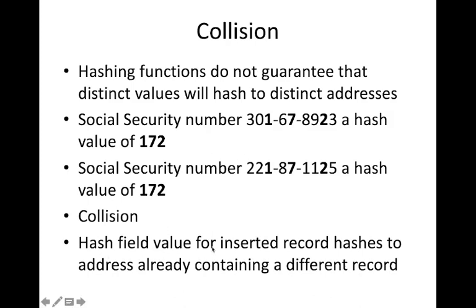So the problem is that the hash field value for an inserted record hashes to an address already containing a different record. We have already inserted an employee's details in the 172nd location. If another employee goes through the hashing function and gets the value 172, and we try to insert this record there itself, then the previous one will be deleted.